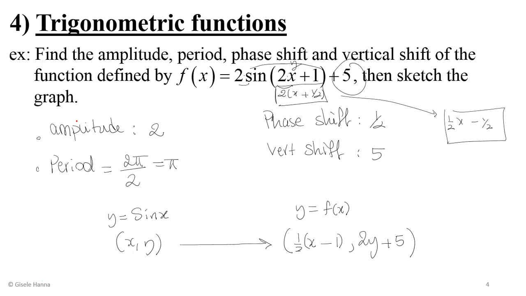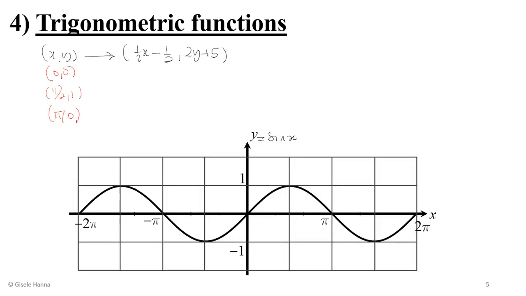The given is not specifying, but usually they do say sketch over the interval 0 to pi, for example. So let's just do it over 0 to pi here. Okay, so we have 3 pi over 2, negative 1, and we have 2 pi, 1.